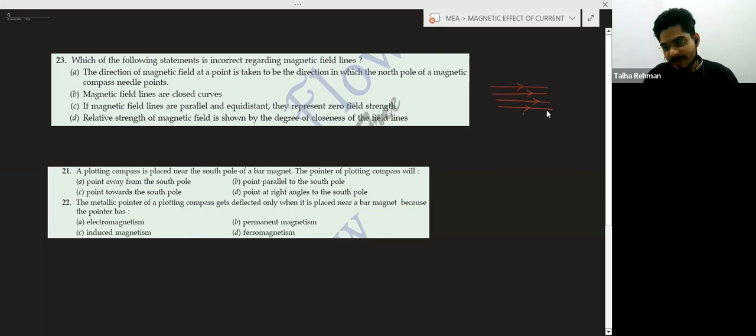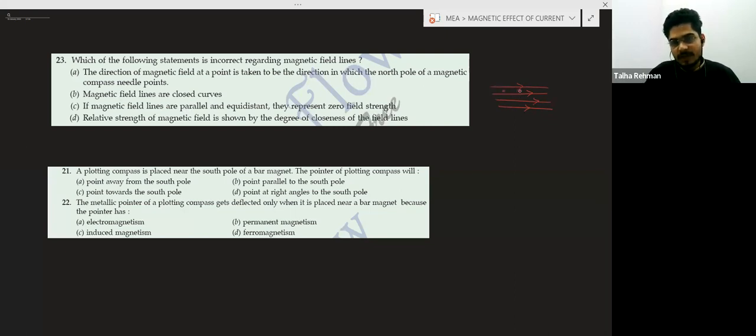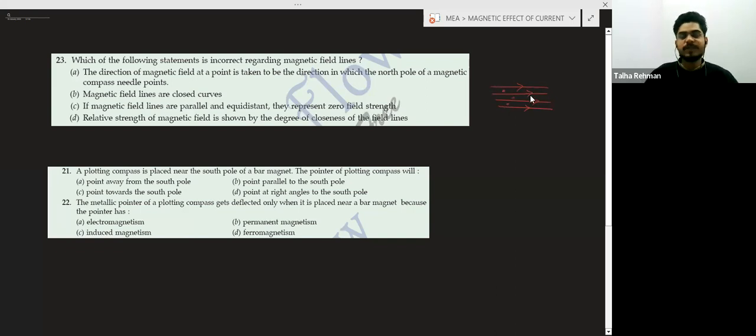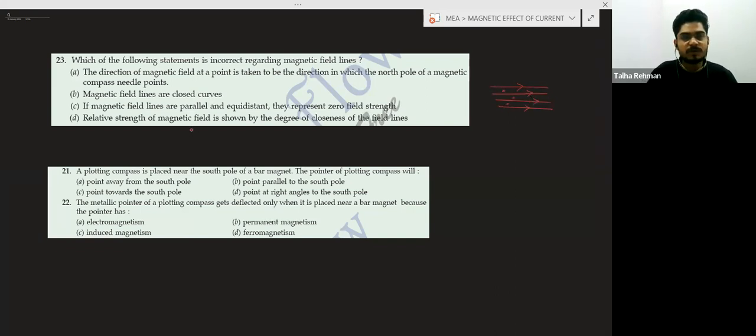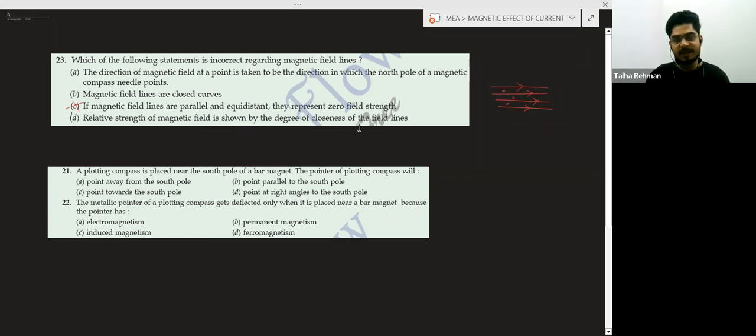If the magnetic field lines are like this, means magnetic field is the same throughout this region. Means here, at each and every point, the strength of the magnetic field is same. So basically, this option C is not correct. D is saying relative strength of the magnetic field is shown by the degree of closeness of the magnetic field lines. More closer magnetic field lines, more will be the strength of the magnetic field.